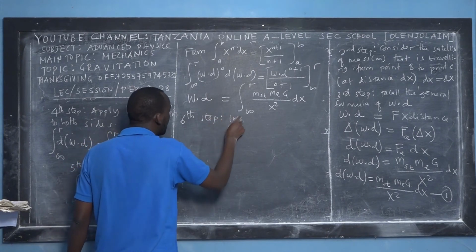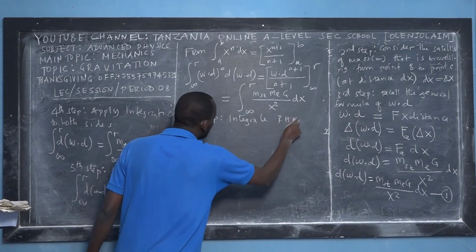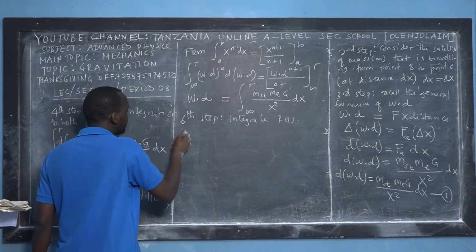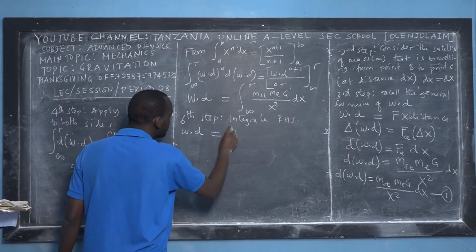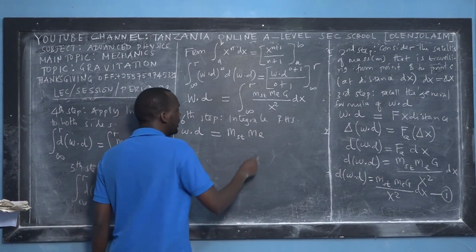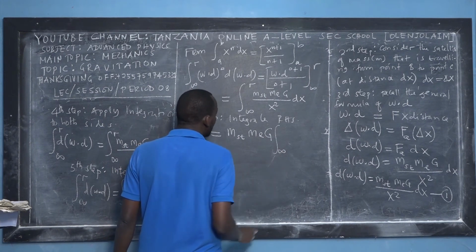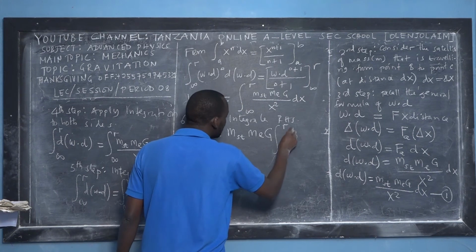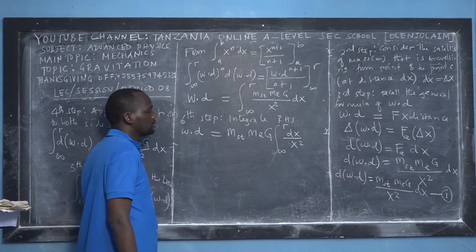We say that now we integrate the right hand side. The work done is equal to the mass of the satellite, mass of the S, gravitational constant, then from infinity to r, one over x squared.